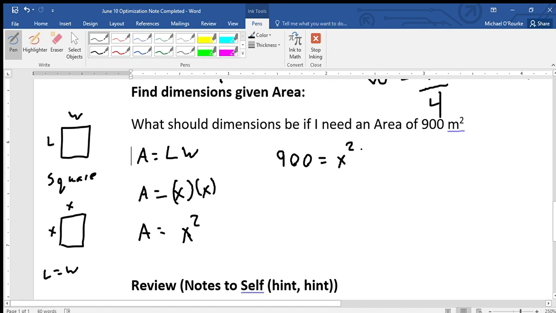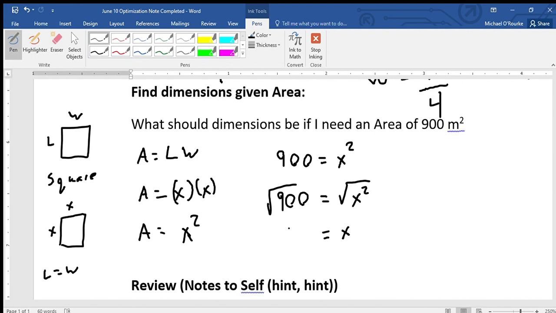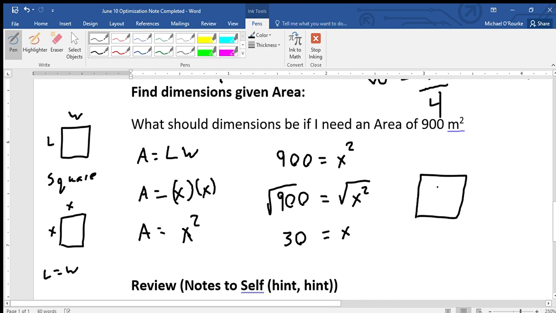And how do we get rid of that x squared, just like we did with Pythagorean theorem, is we're going to take the square root of x squared on one side and the square root of 900 over here. The square root of 900 is 30. So we now know our side lengths are going to be 30 and 30.